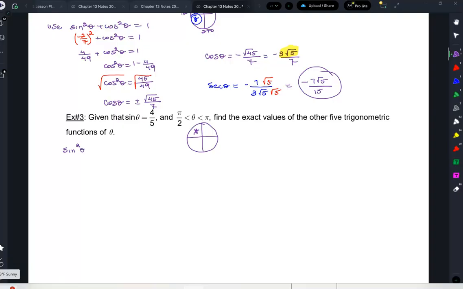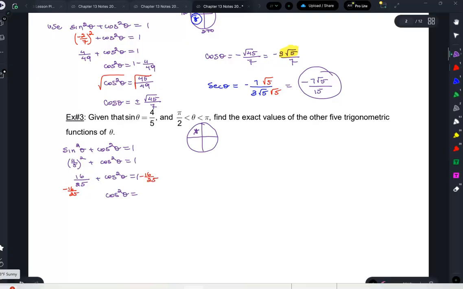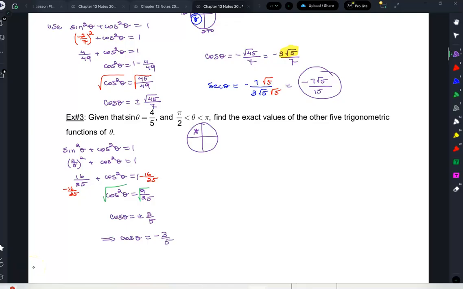Same one that we were using. Cosine of theta is negative 3 over 5.